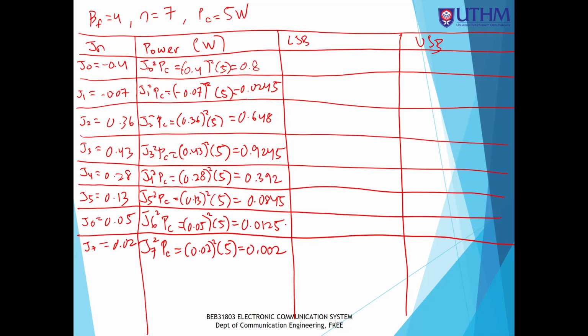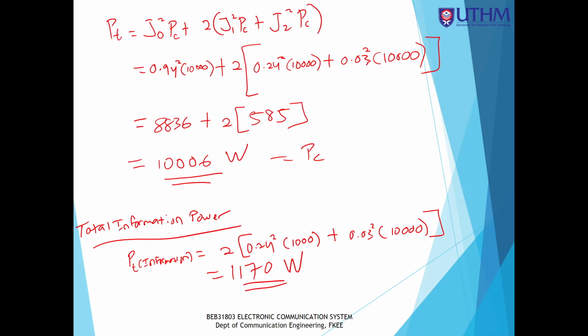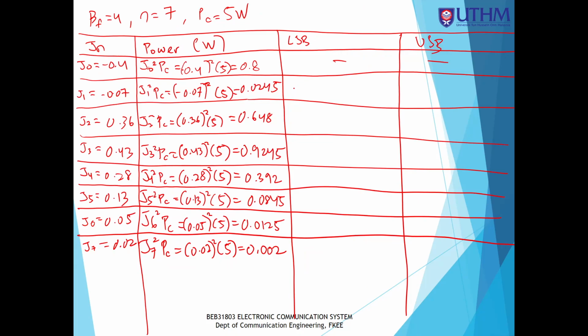Okay, and then let's find the frequency. The first one is the carrier, so there's no upper and lower for the carrier because this is the center. The frequency fm is 10k, center is 100 mega. Okay, center at 100 megahertz.